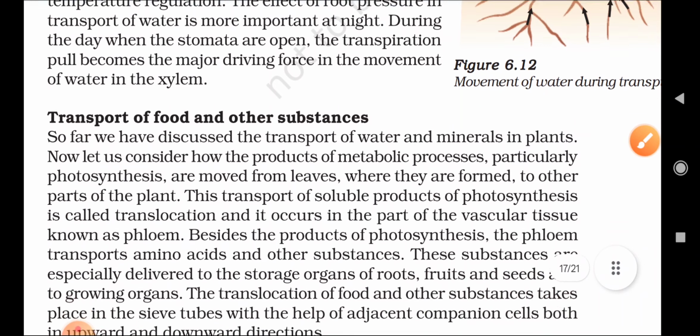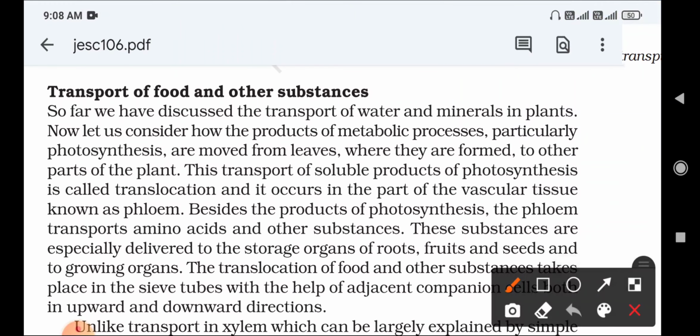Next, we can understand how water molecules and minerals are transported to each and every part of the plant as the plant becomes larger. We can easily say that this is by the transpiration process. But plants need not only water and minerals; they also need to transport the product of photosynthesis, or energy.